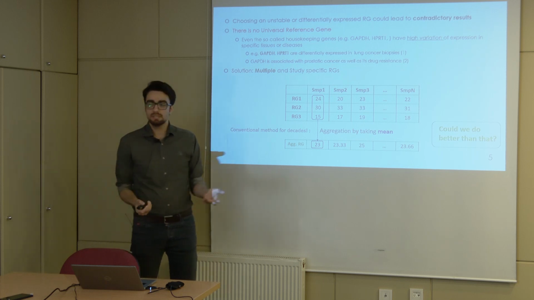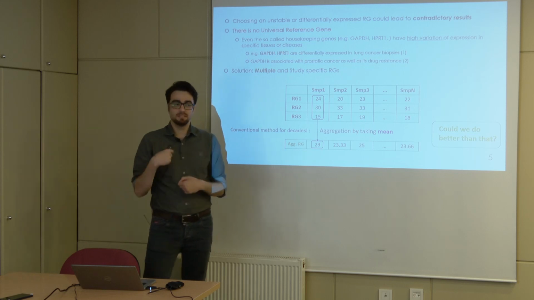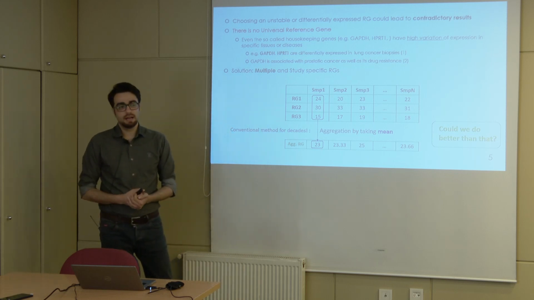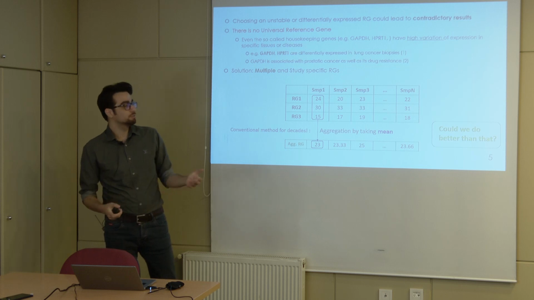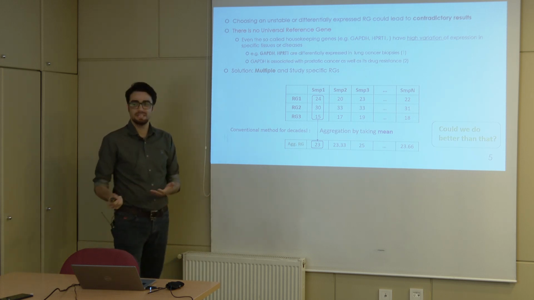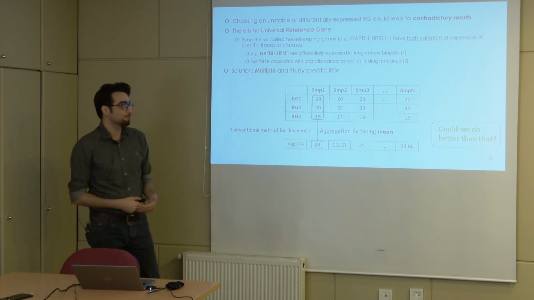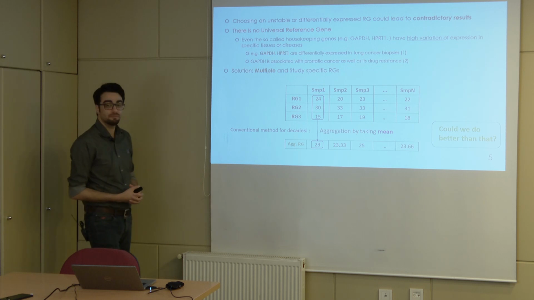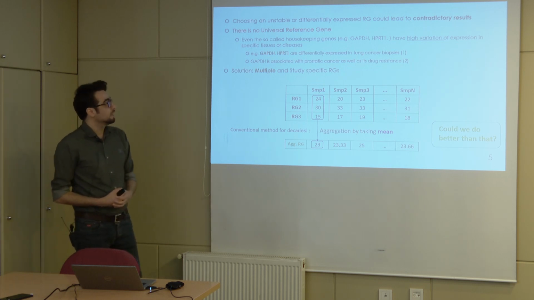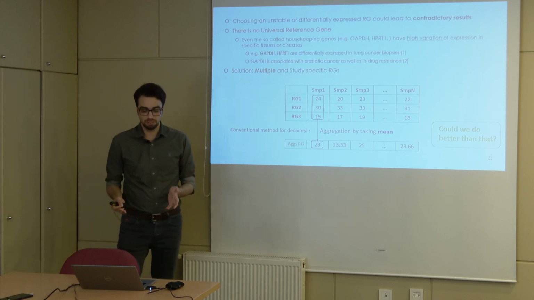And when we investigated it, the problem was that U6 was differentially expressed itself, and if you check other articles, they are still using this reference gene in different studies, although it's not a good reference gene to be used.